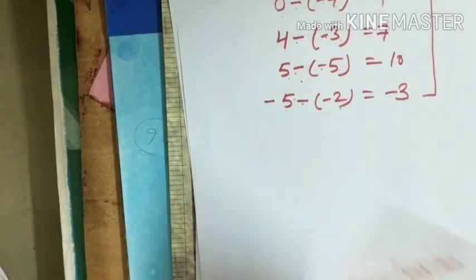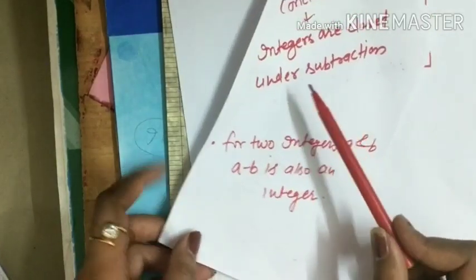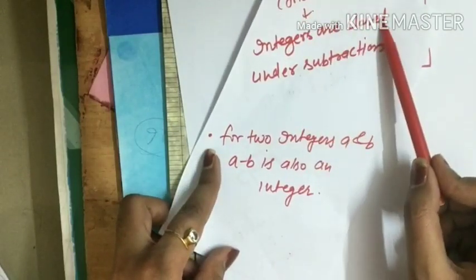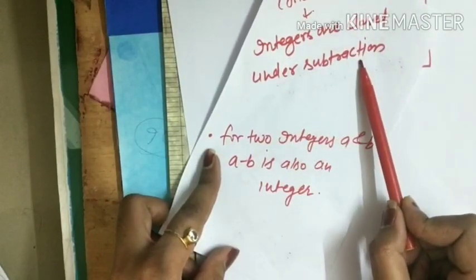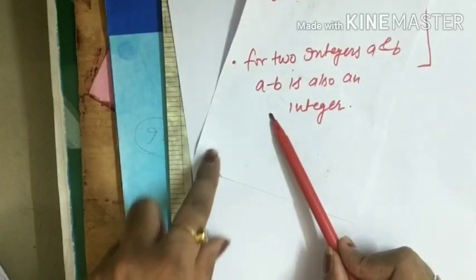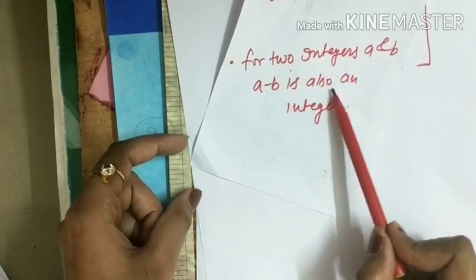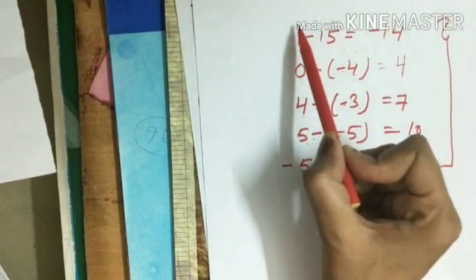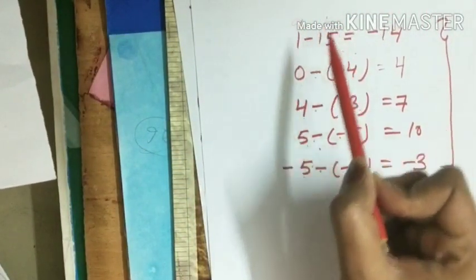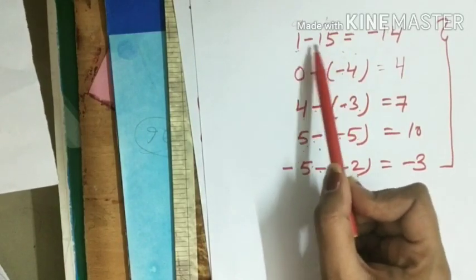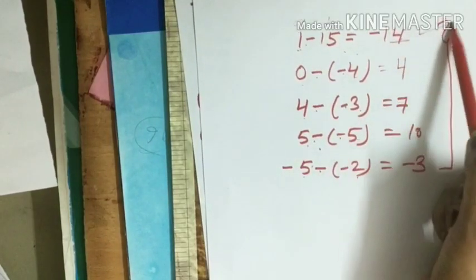So this time again our conclusion is integers are closed under subtraction. Second conclusion is for two integers A and B, A minus B is also an integer.